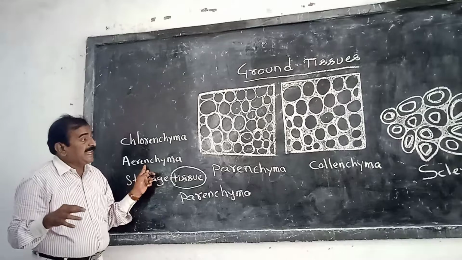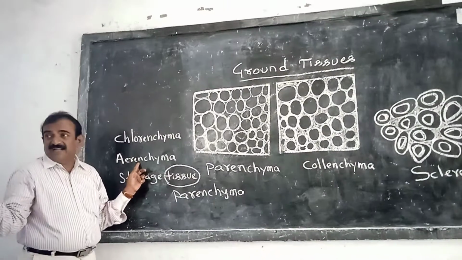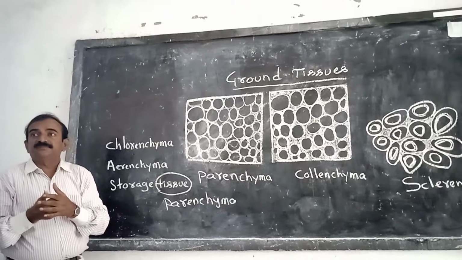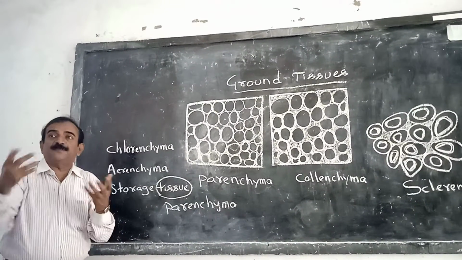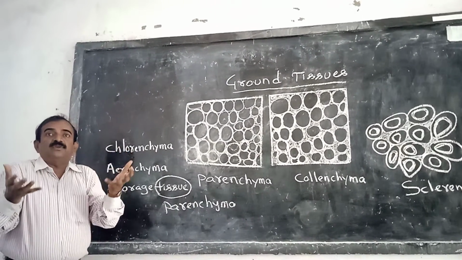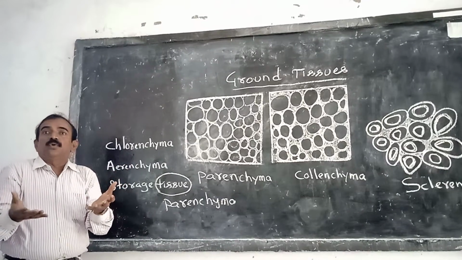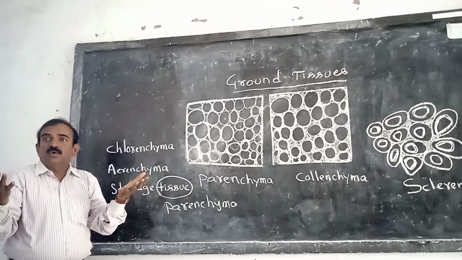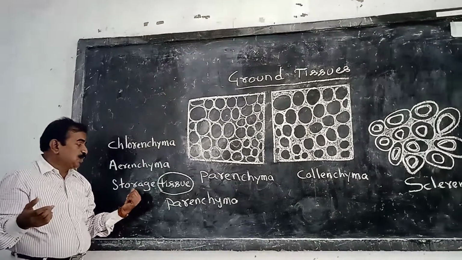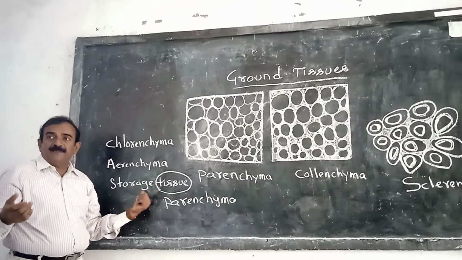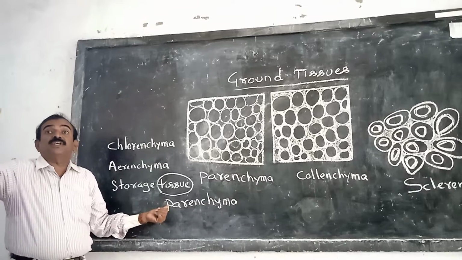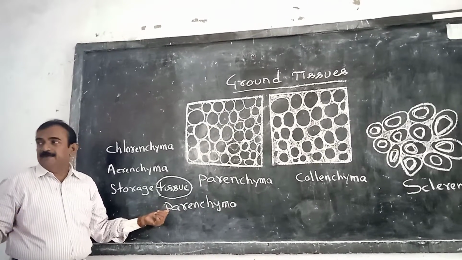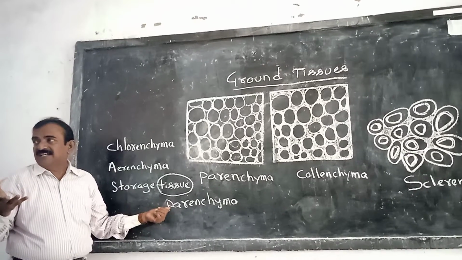Aerenchyma tissue, diagrams on page number 19, has air spaces. These are useful to make the plant float on water, like water lily and lotus. Again, storage parenchyma tissue is useful for storage of food, and it is present in root, leaves and also stem.